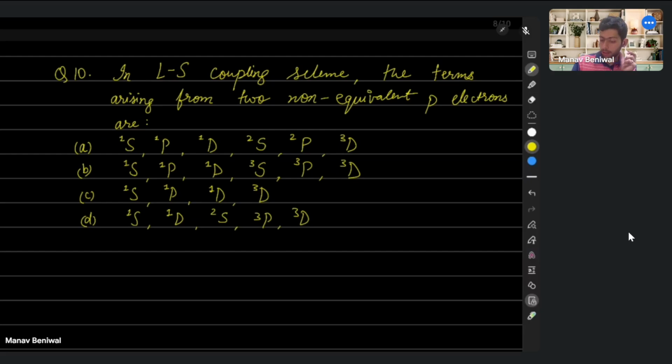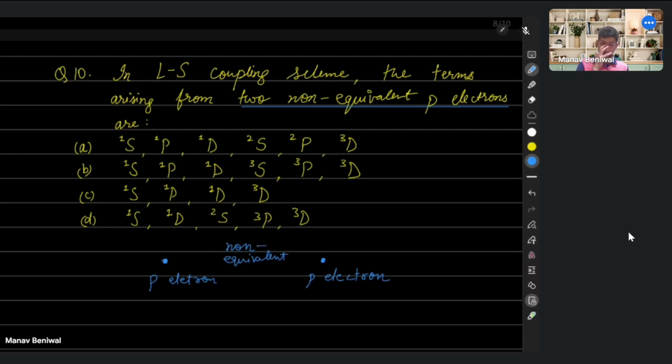Okay. So this is the problem, and we are given two non-equivalent p electrons. Okay. So we have, let's say this is one p electron, this is another p electron, and these are non-equivalent.